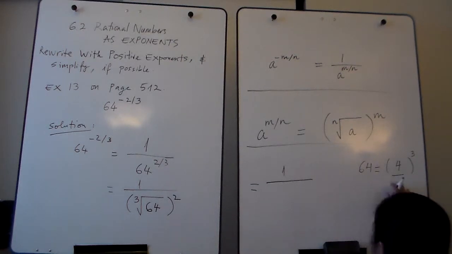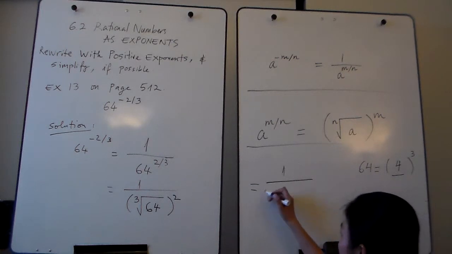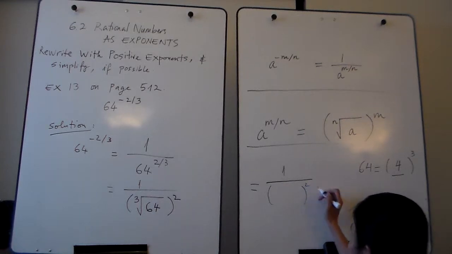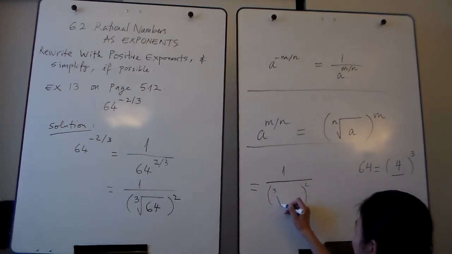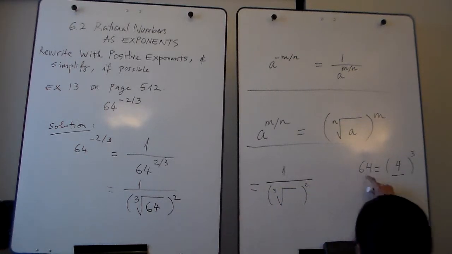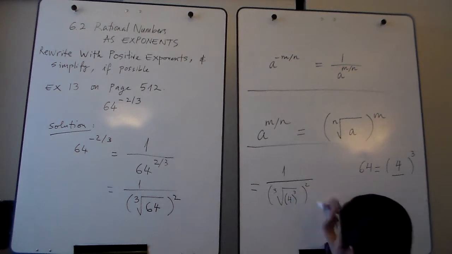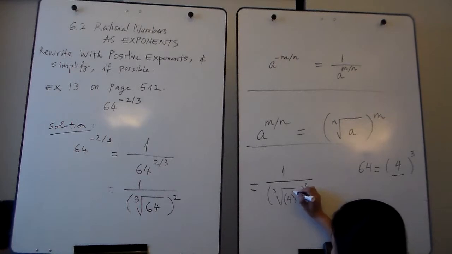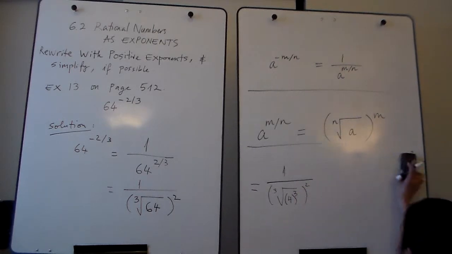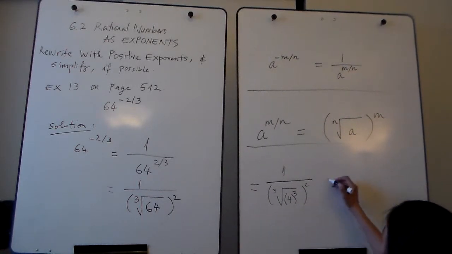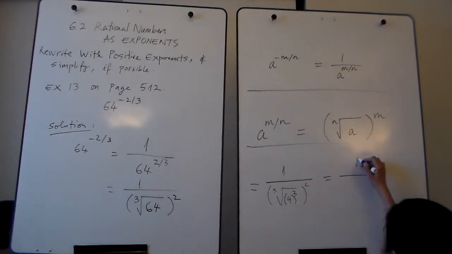rewriting 64 in terms of its cube root, we have square here, and then the cube root of the inside 64, I replace with this. That's 4 to the third power. Okay? Simplify this, we have the square still outside.